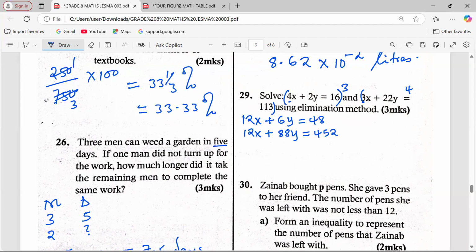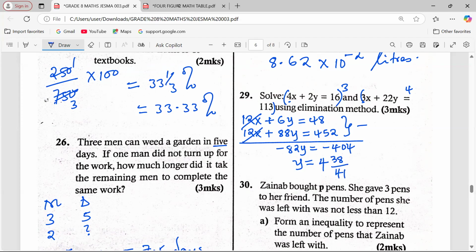Because we have equated 12x, we eliminate it by doing subtraction of corresponding terms in these equations. 12x minus 12x, that one is cancelled. Then 6y minus 88y, we get -82y being equal to 48 minus 452, -404. So that the value of y, when we divide through, first the negatives will cancel, and the value of y becomes 4 and 38/41. So that is the value of y.